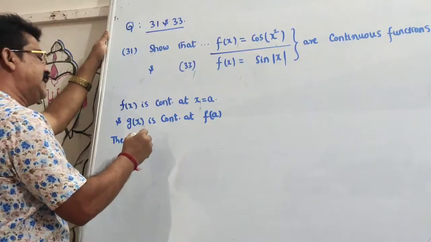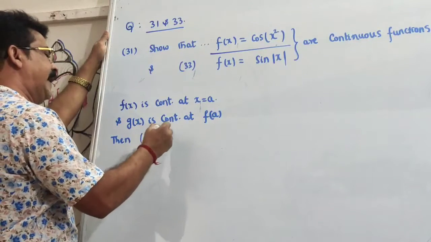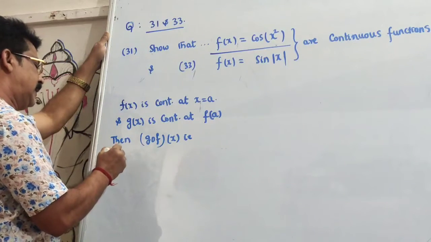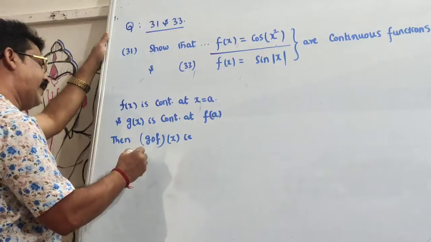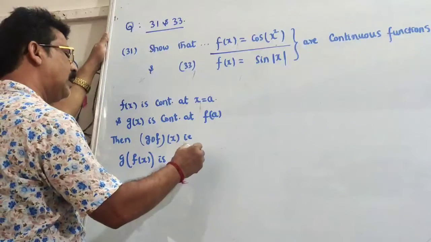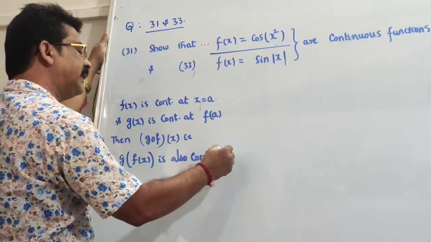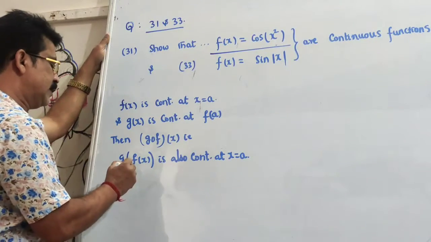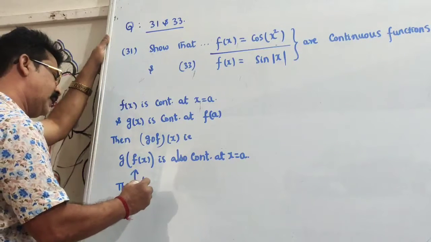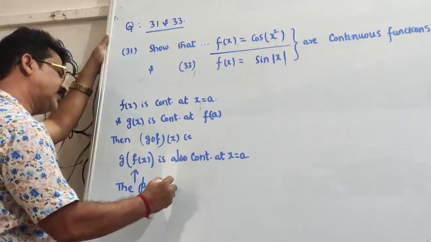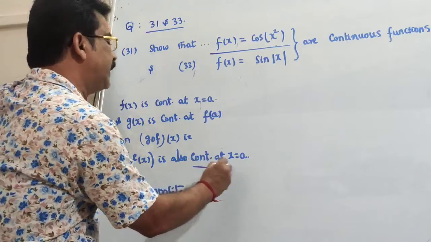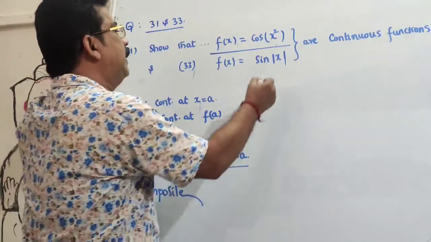Then g circle f of x, that is g of f of x, is also continuous at x equal to a. So it is called the composite function. So the composite function is also continuous at the same point. Okay.